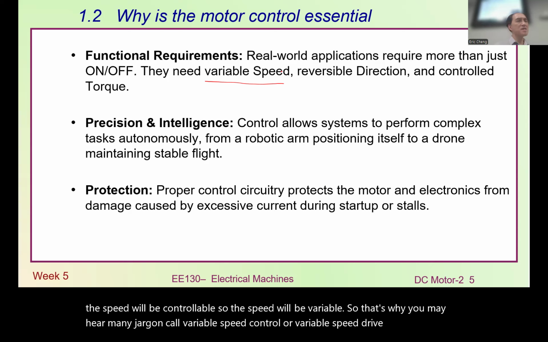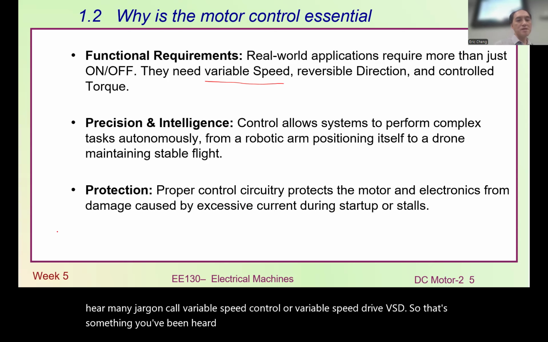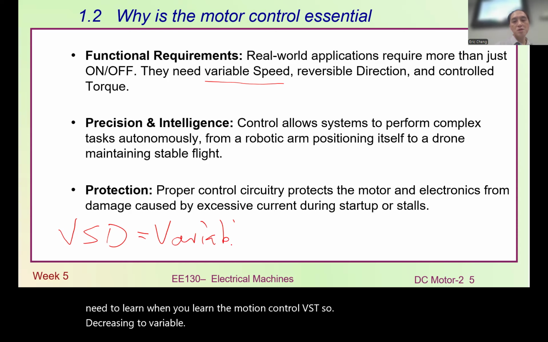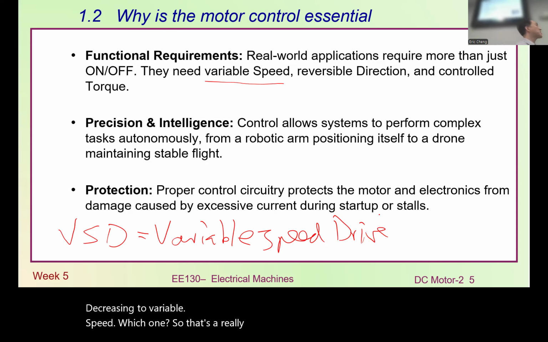That's something you may have heard about in the past. It's a jargon you need to learn when you study motion control. VSD is equivalent to variable speed drive. It's a really important jargon when you talk about any motor, and they will also mention the VSD.